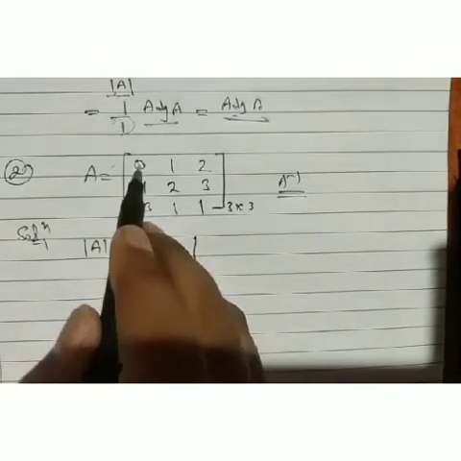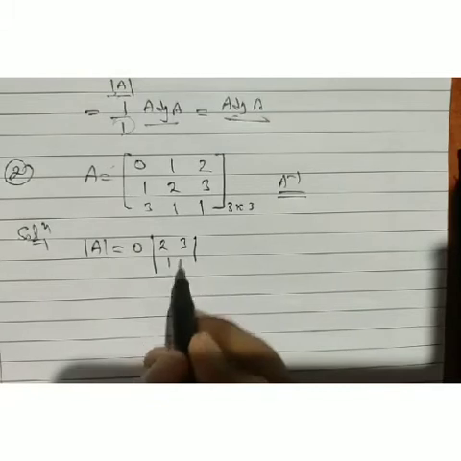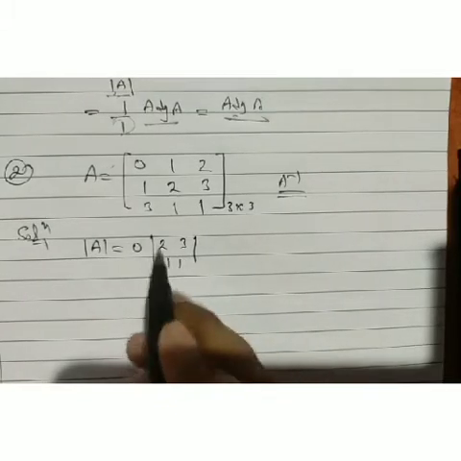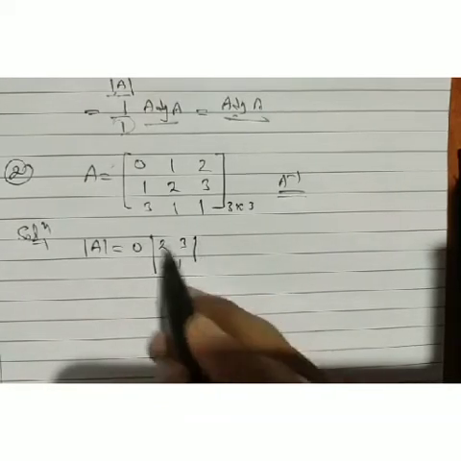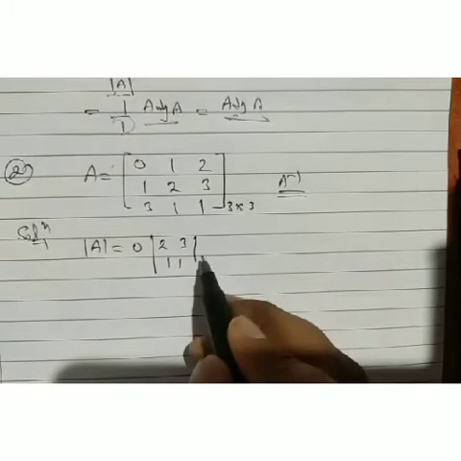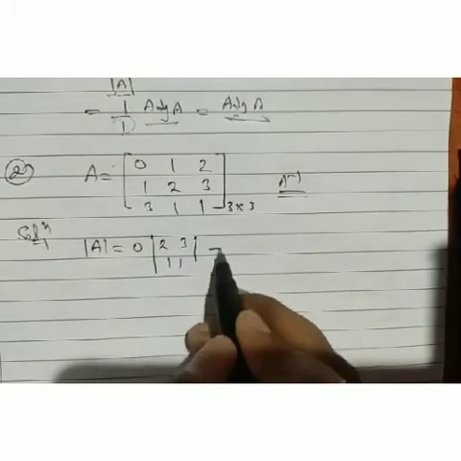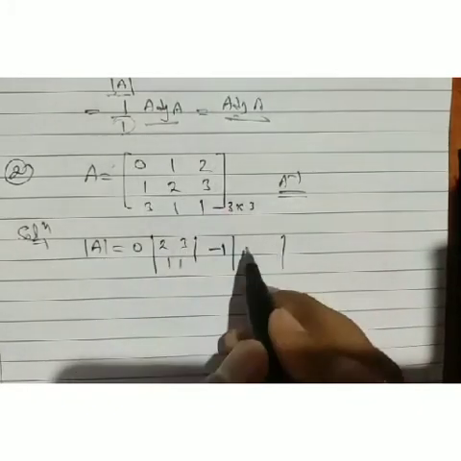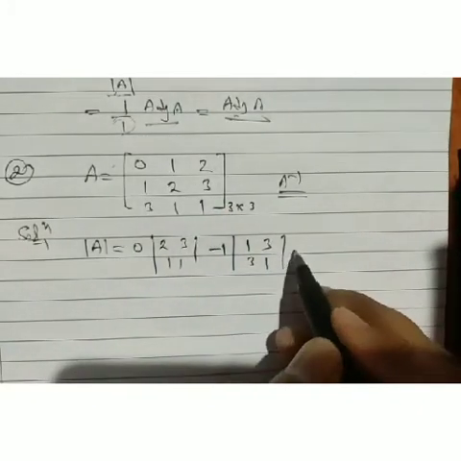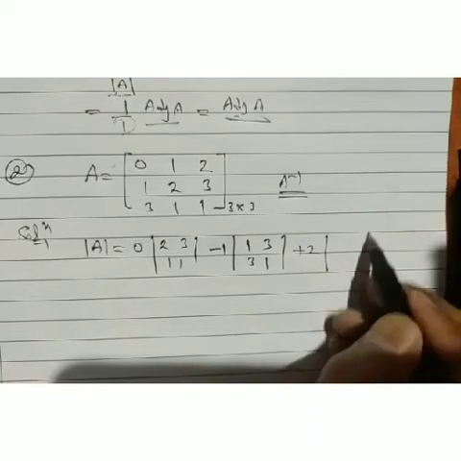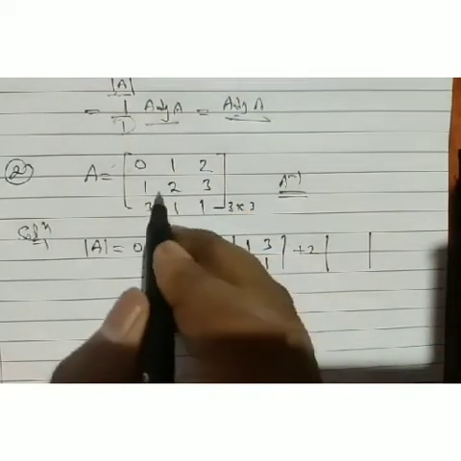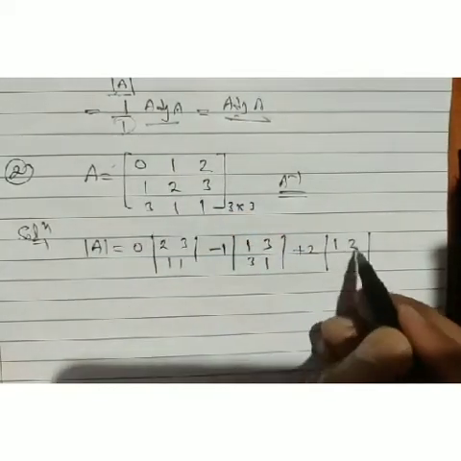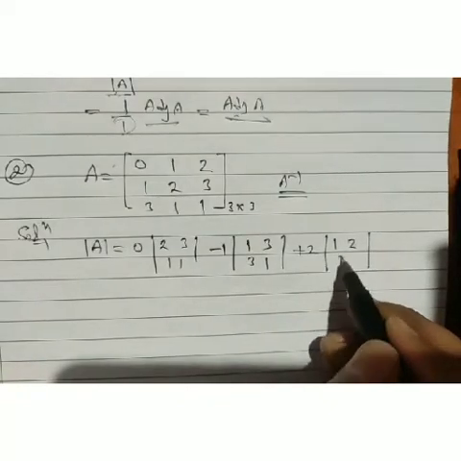What is its determinant value? 0 into the minor with 2, 3, 1, 1. It is not really necessary since the whole term is going to be 0, but we are going to follow the whole process. 0 into this, then minus 1 into the minor 1, 3, 3, 1, then plus 2 into the minor 1, 2, 3, 1.